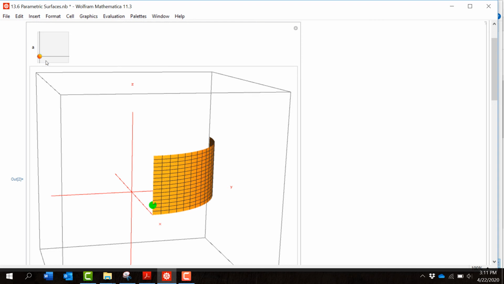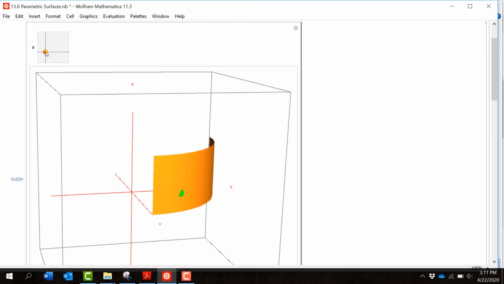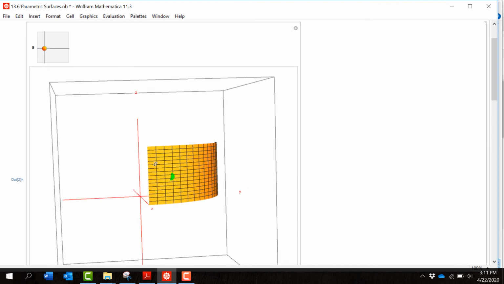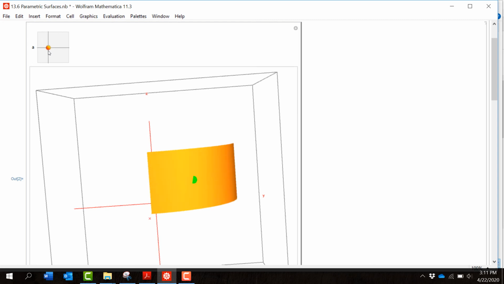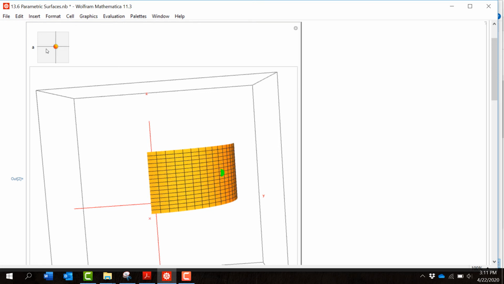Just ignore the a there, please. And so if I drag this dot around, I'm picking different thetas and z's, and you can see that everywhere I pick a pair, theta z in the theta z plane, that corresponds to a point here on my cylinder. And so that's what's really fun about this, is you can actually trace out the cylinder just by picking points in a rectangle like that.